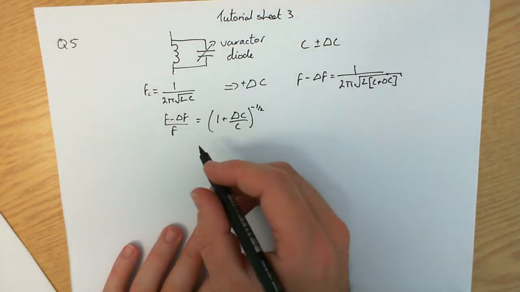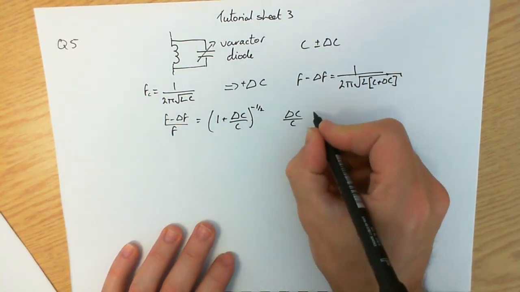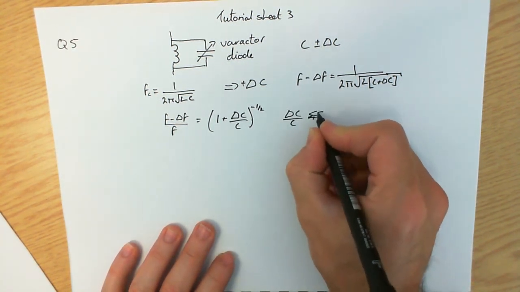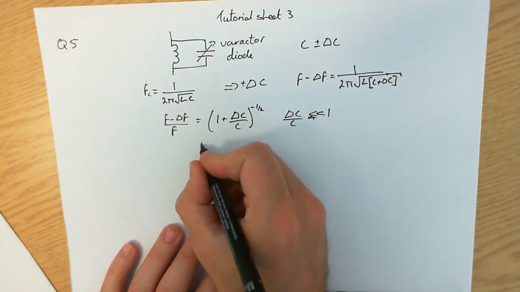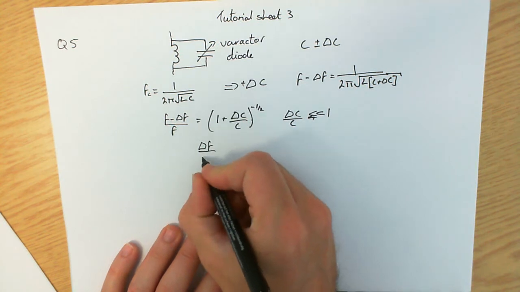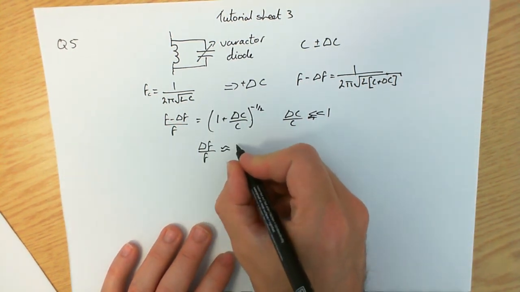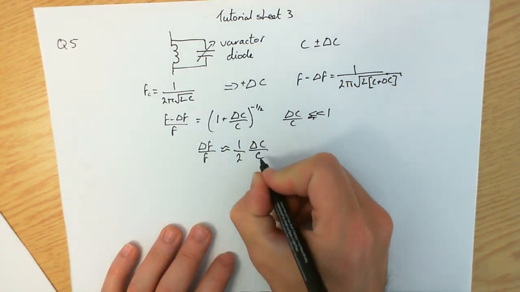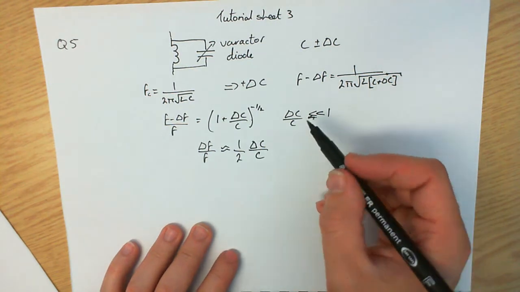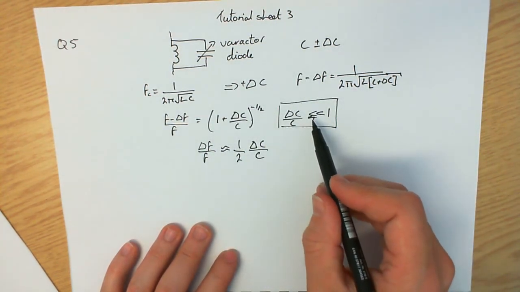Now if we assume that delta C over C is very much less than 1, we can use the binomial expansion. If we use that, then we get a situation where we can approximate delta F over F as approximately equal to a half delta C over C. But that can only be the case if we assume that this is correct.